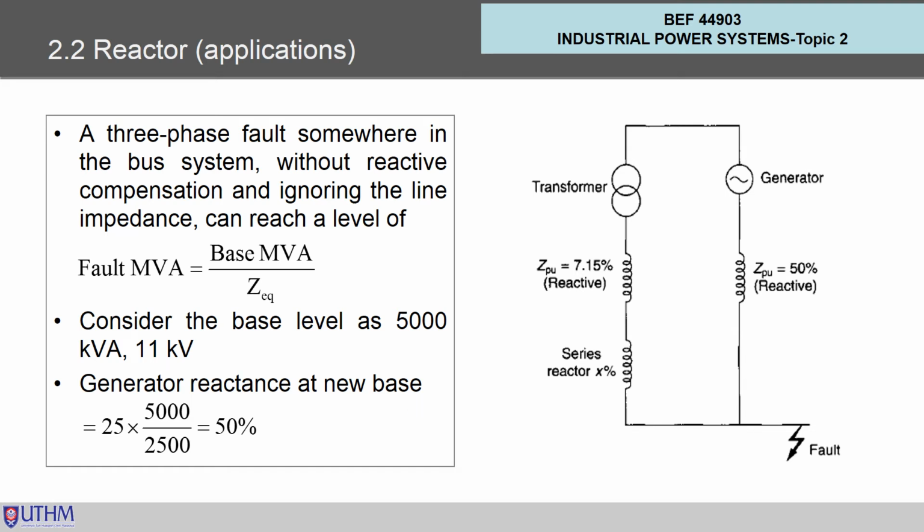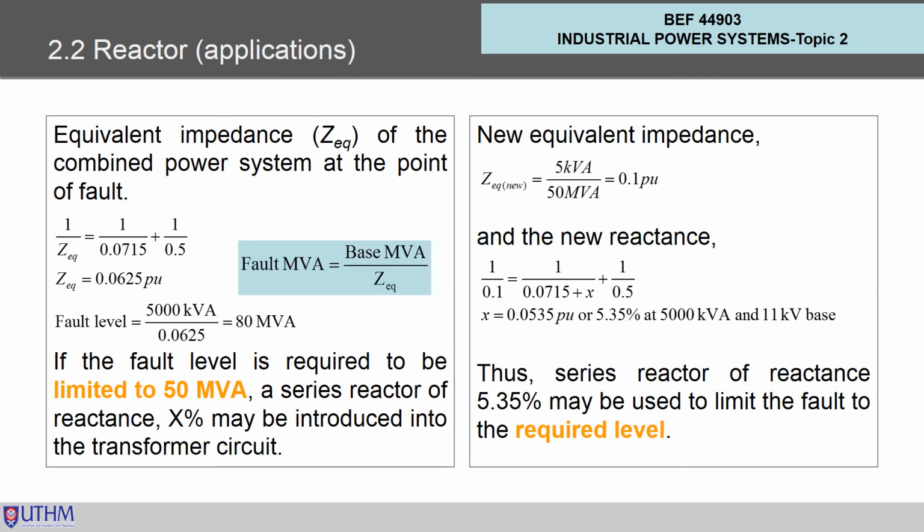So we calculate the reactance at the new base, which is 2 times the previous reactance, which is 50%, because the previous value is 2500 and the new base is 5000. So the reactance is increased from 25% to 50%.